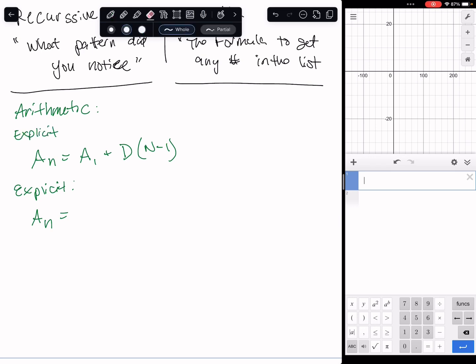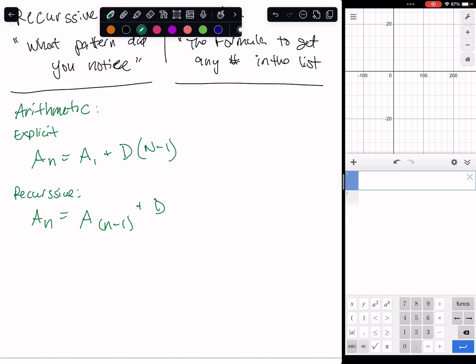And this one down here is your recursive. Recursive says a of n minus 1 plus d.